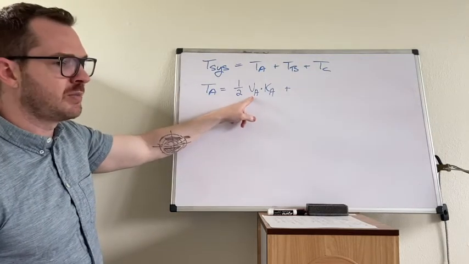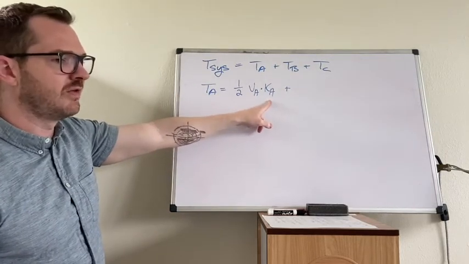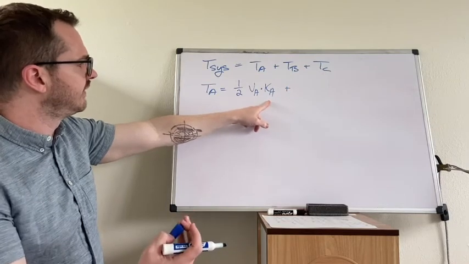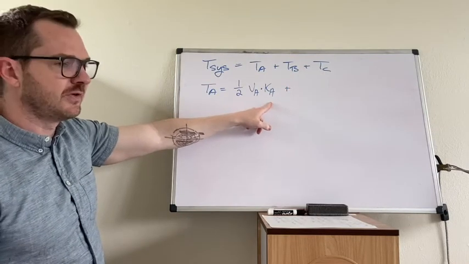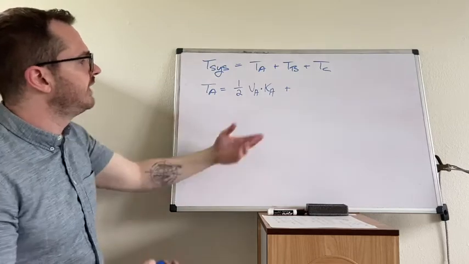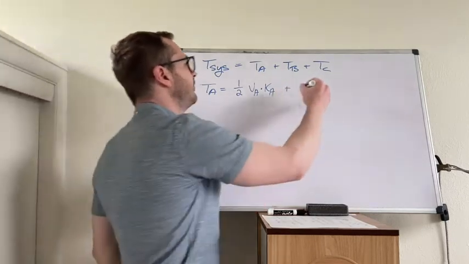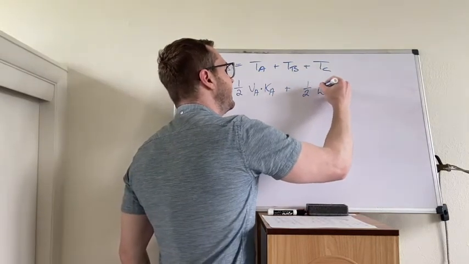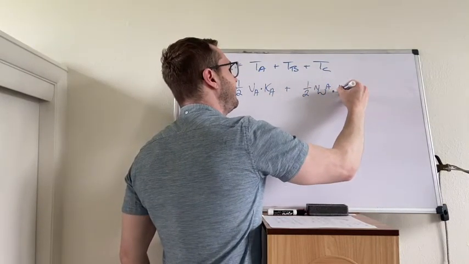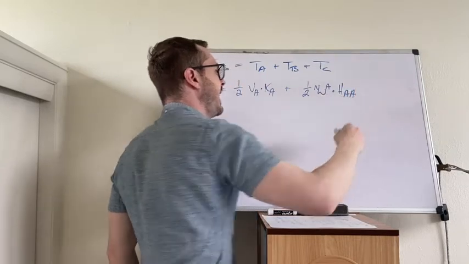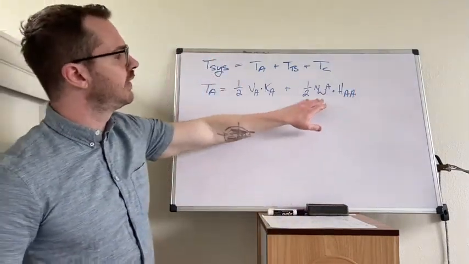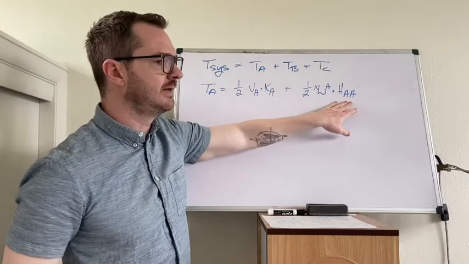So we take a 3x1 vector and we dot it with a 3x1 vector, and we get a scalar. This is a convenient way to write it because we have already defined both VA and KA. Plus 1/2 omega into A dot HAA. Again, this is a convenient way to write it because we have already defined these quantities.